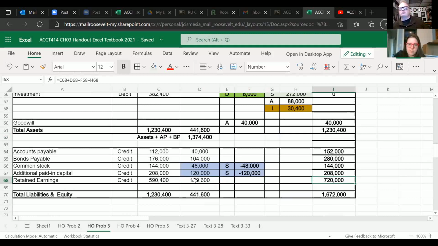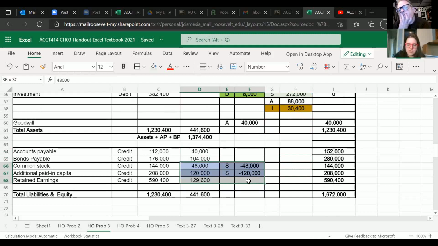So that should only be this column, not this column. Yep, that's correct. Then, is it because the total assets and liabilities should only be these two?